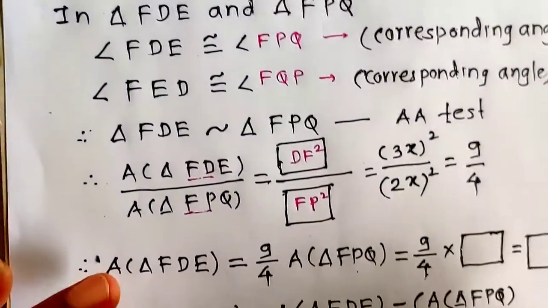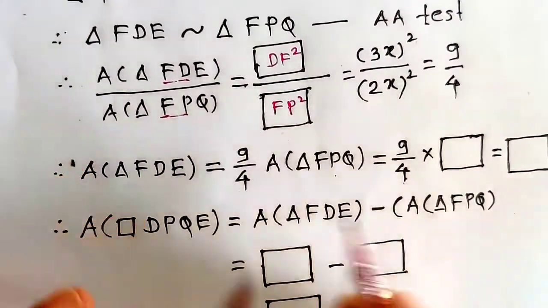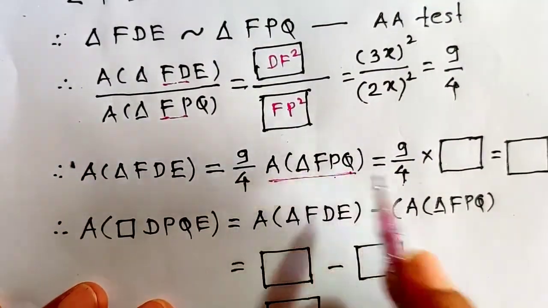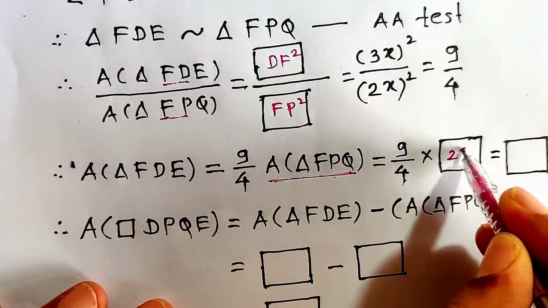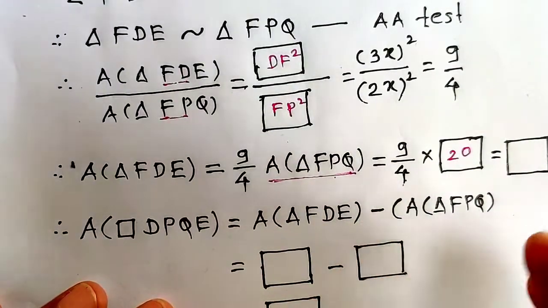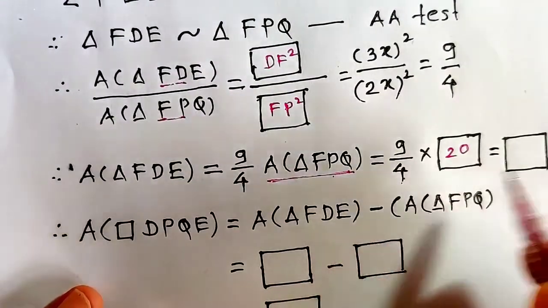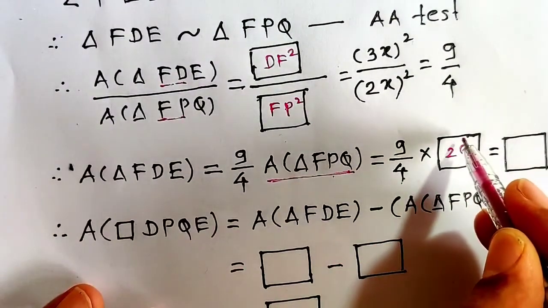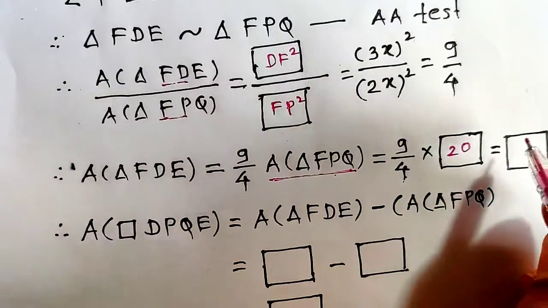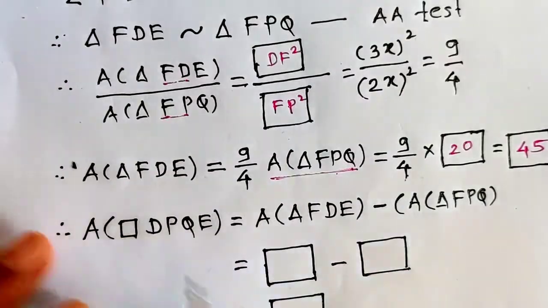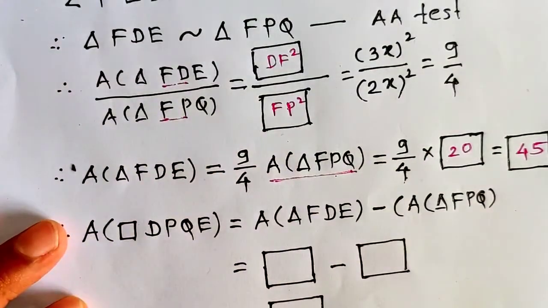So substitute that value here. 9 by 4 multiplied by 20. In the activity, do not cut the numbers, directly write the answer. 4 ones are 4, 4 fives are 20. So 9 fives are 45. So area of triangle FDE is equal to 45.